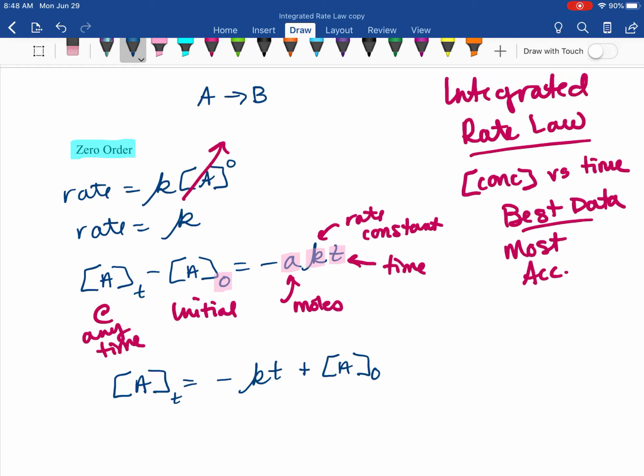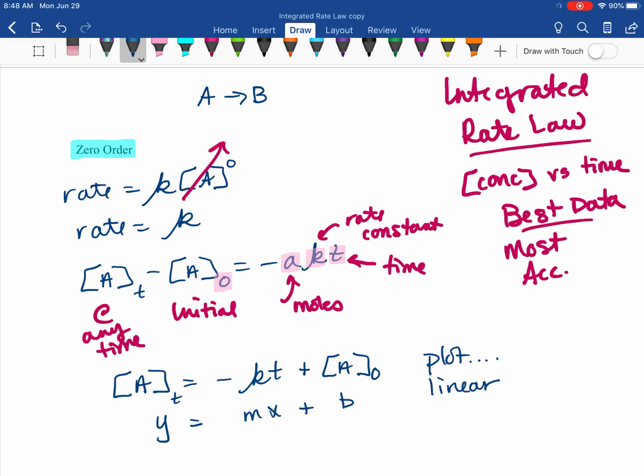So one of the ways that we can get to a zero order rate law is if we plot it. And if our plot is linear and we get a nice straight line, then this is going to be our line equation. Isn't that awesome?